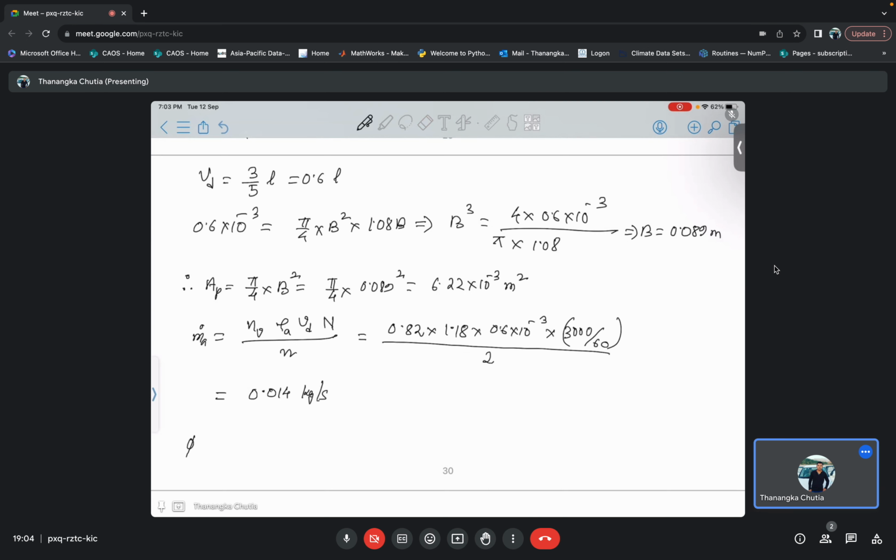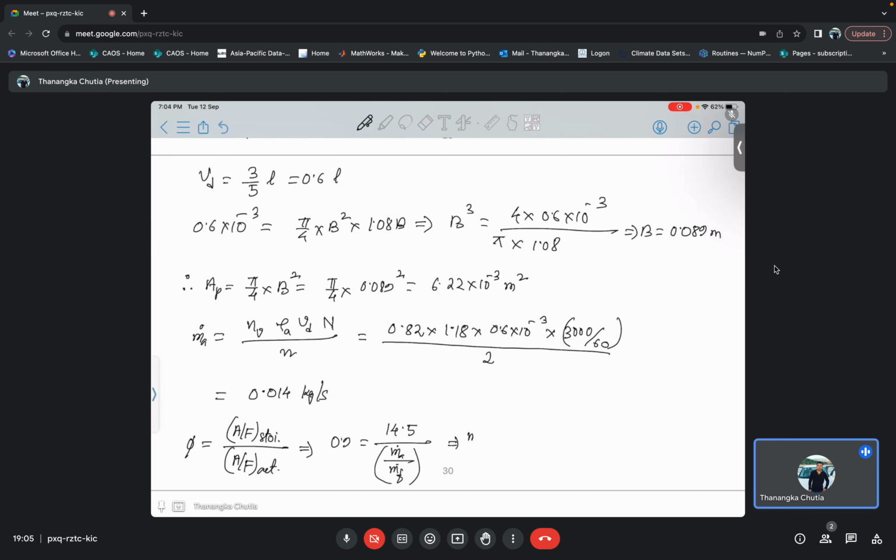Now the equivalence ratio is equal to the stoichiometric air fuel ratio divided by the actual air fuel ratio. Your equivalence ratio is given as 0.9. The stoichiometric air fuel ratio, as I already told you, is 14.5, and the actual is ma dot by mf dot.